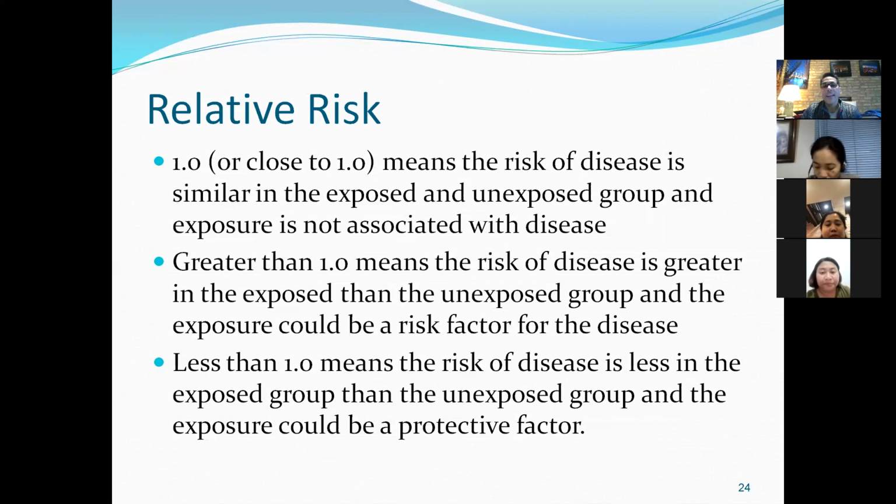And then you will also need to calculate the attack rate for the non-exposed group. So the number of breast cancer in those women who did not work night shift, because we are now talking about the attack rate for the unexposed, divided by the total number of nurses who did not work night shift.